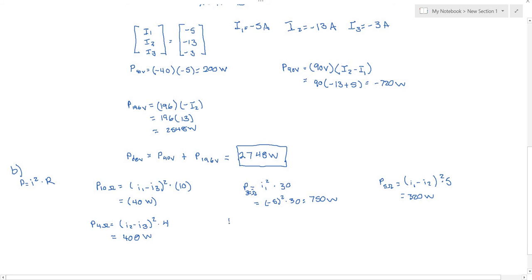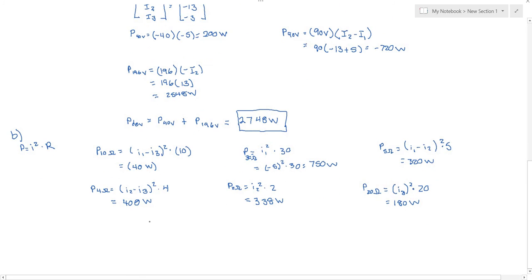Now P at 2 ohms is equal to I2 squared times 2, which is equal to 338 watts. Now P at 20 ohms, the last one, is equal to I3 squared times 20, which is equal to 180 watts. Alright, so that's all of our components.